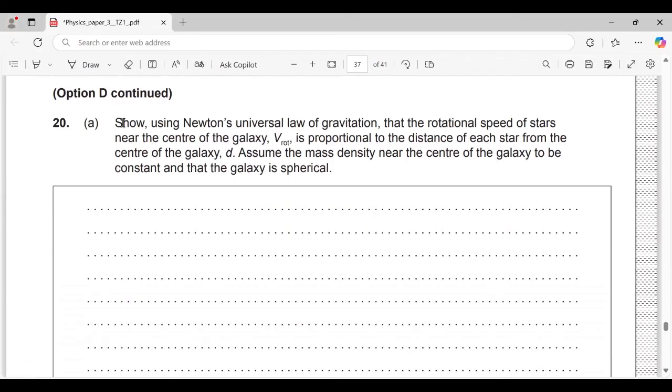Show using Newton's universal law of gravitation that the rotational speed of stars near the center of the galaxy, v root, is proportional to the distance d of the star from the center of the galaxy. Assume the mass density near the center of the galaxy to be constant and the galaxy is spherical.